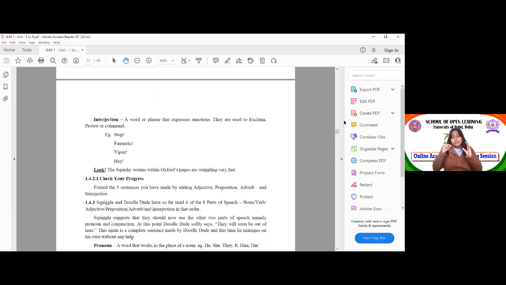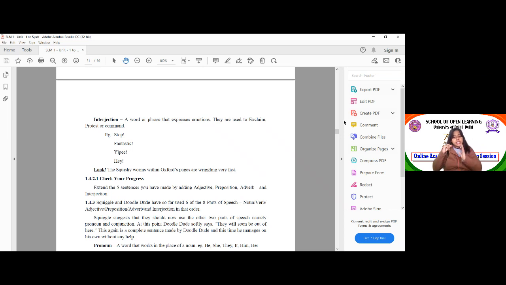Then they have asked you to start adding these other rules of grammar like adjective, preposition, adverb, interjection to strengthen your sentence. So Squiggle and Doodle Dude have so far used 6 or 8 parts of speech. Now all of these things are parts of speech, right? Which means how we construct a basic sentence. Now they have used noun, verb, adjective, preposition, adverb, interjection.